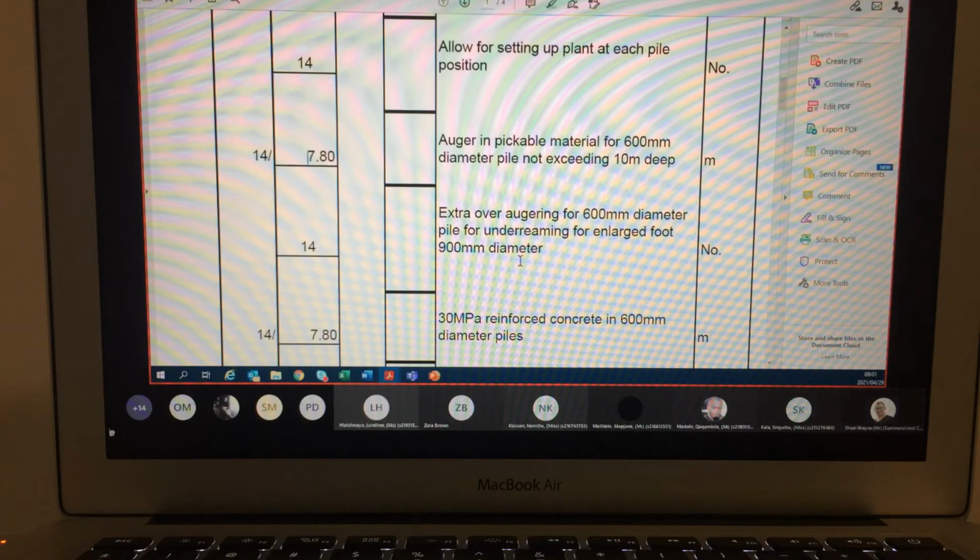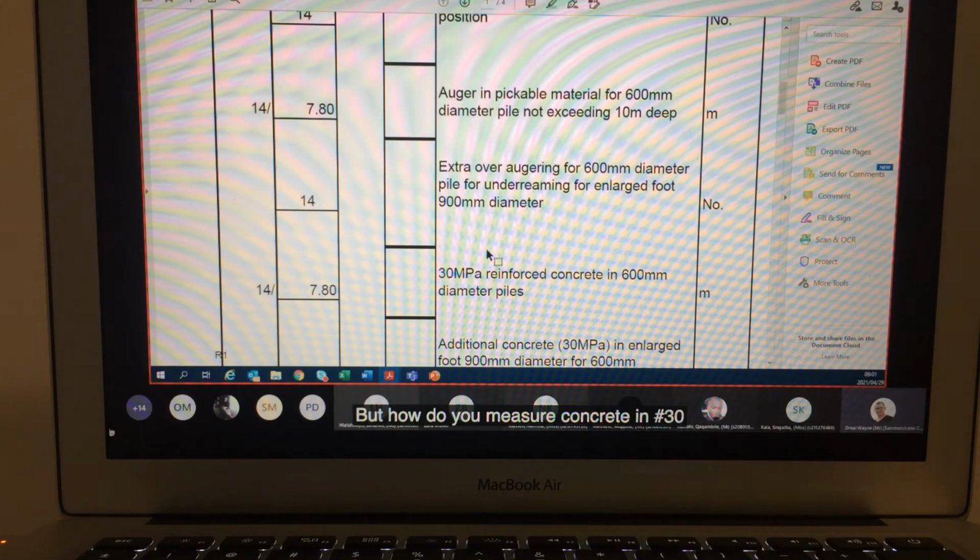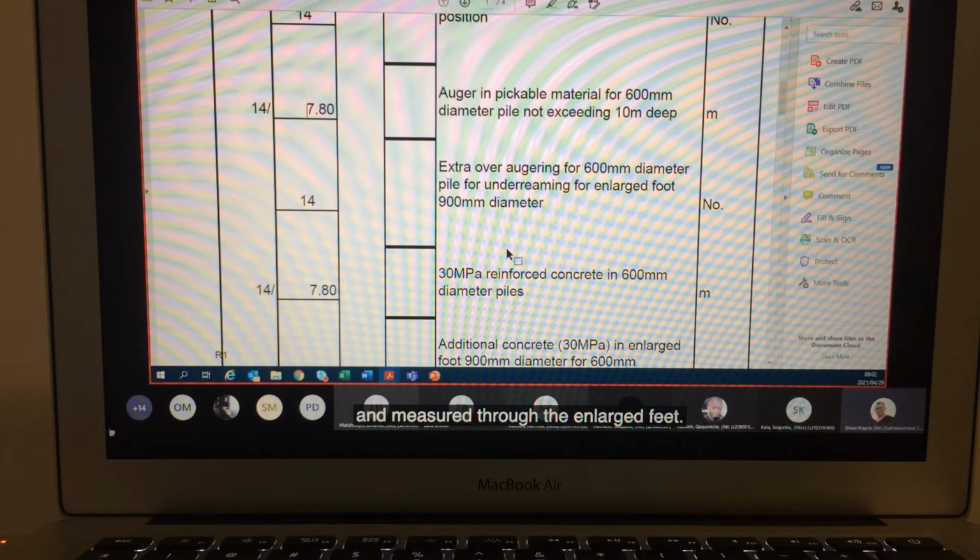Makes it too easy. We then need to measure our concrete. But how do you measure concrete? 30 MPa reinforced concrete in 600 millimeter diameter piles. It says that concrete would be measured through the enlarged feet. That's on subclause 24 on page 22, it says that concrete will be measured in meters and measured through the enlarged feet.